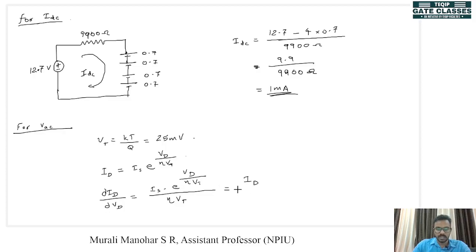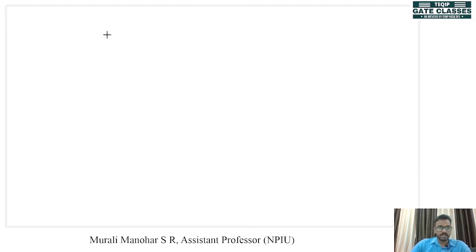So this is Id divided by eta Vt. Now, this is the reciprocal of a resistance, and when we take the reciprocal of the left hand side, dou Vd by dou Id will give us a resistance which is eta Vt divided by Id. Okay, and what is this resistance? This resistance is nothing but the dynamic resistance Rd.